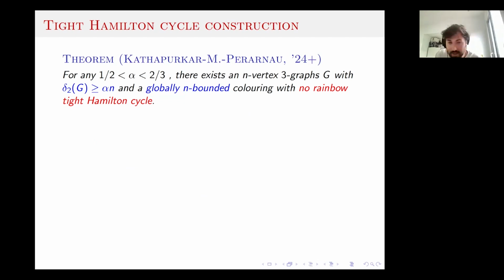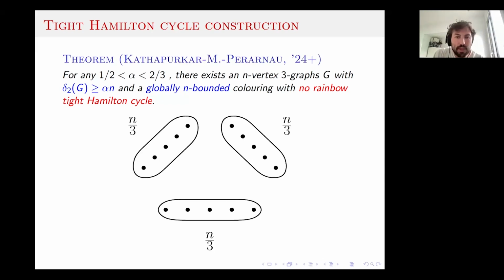So yeah, in my last 3 minutes, I want to show you this construction briefly. I think it's quite nice. So you take your vertex set in 3 parts of size n over 3, and you color the now 2-uniform edges within each part. Each one gets its own color. So you have a rainbow coloring of K_{n/3} in each of these parts.